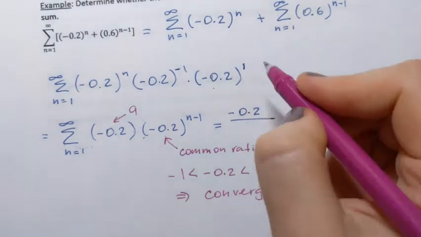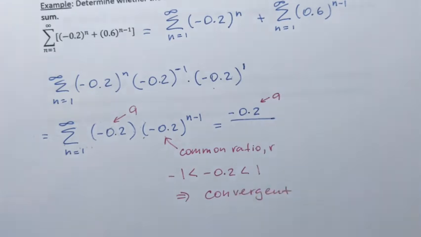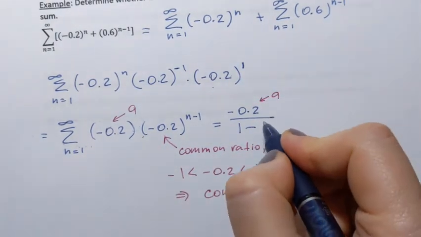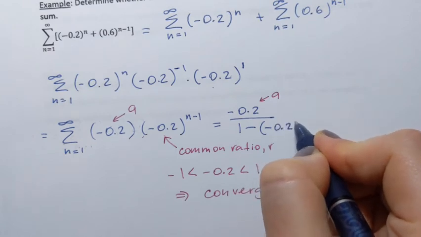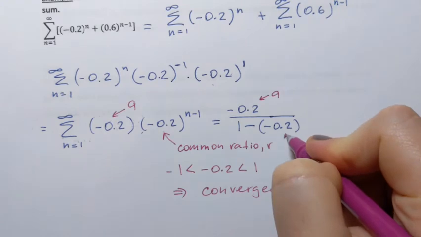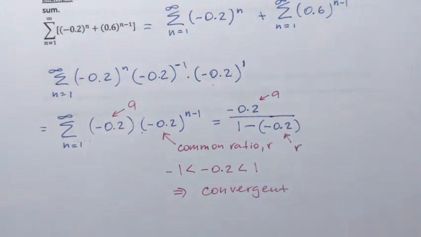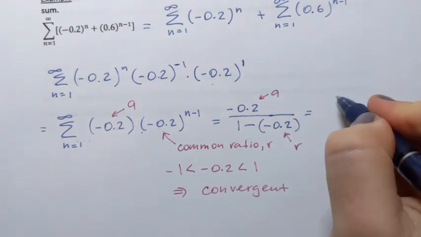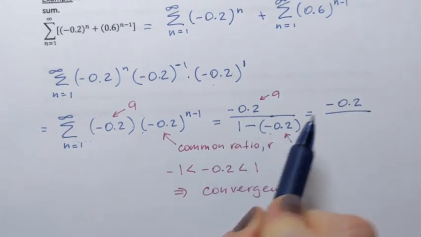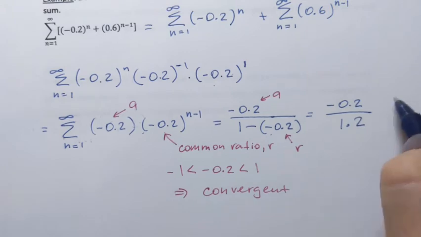In the denominator, I'll put 1 minus r, so 1 minus negative 0.2. That's the formula for finding the sum of a convergent geometric series. That's negative 0.2 over 1 plus 0.2, so it's 1.2.